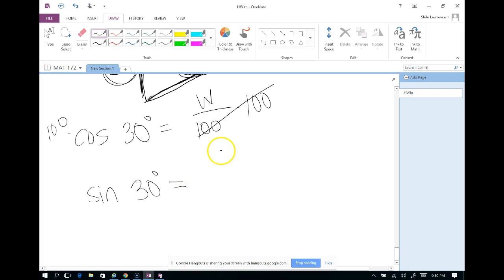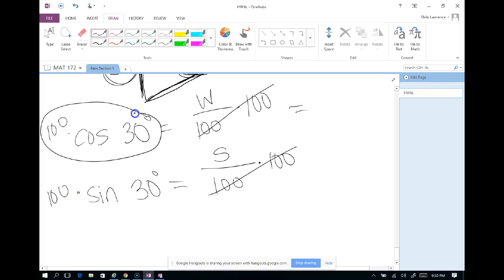Sine of 30 is opposite side over hypotenuse. To solve for that south measurement, we multiply by 100. So the west part is 100 cosine 30, and the south part is 100 sine 30. They're two completely separate answers. We don't add them together or anything.